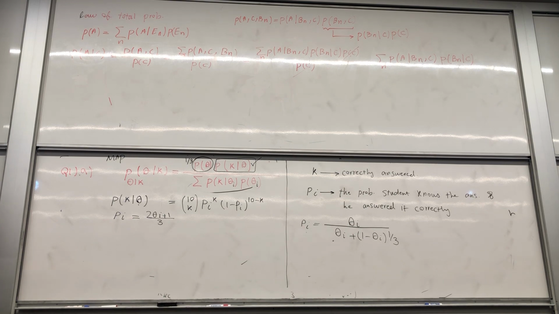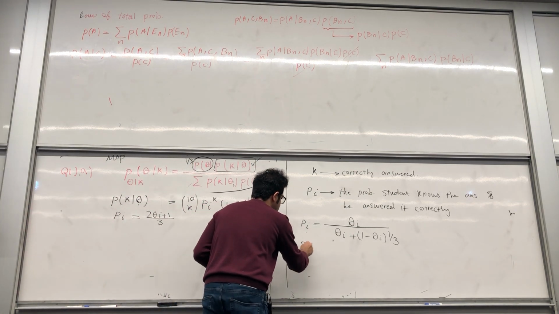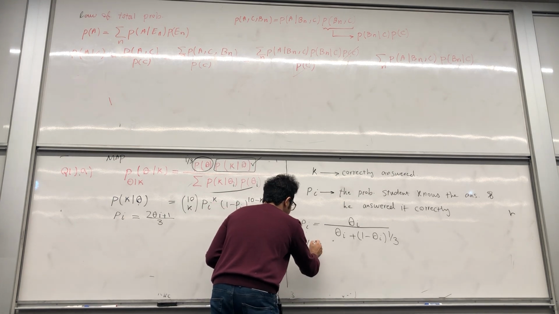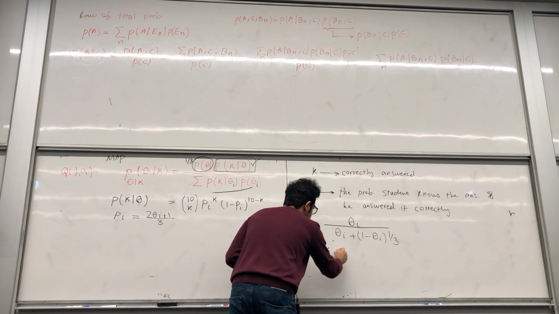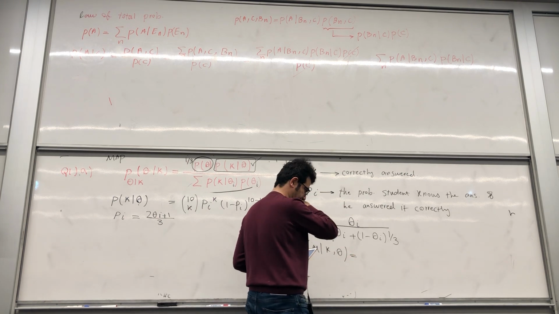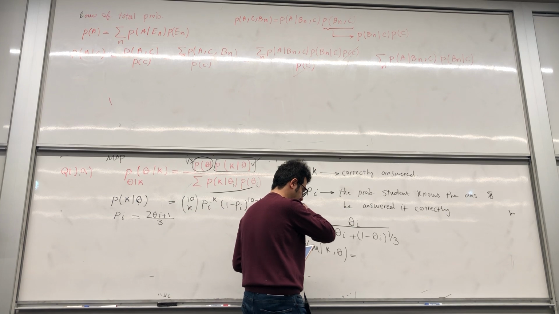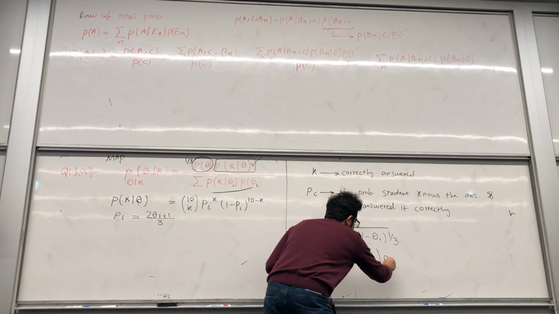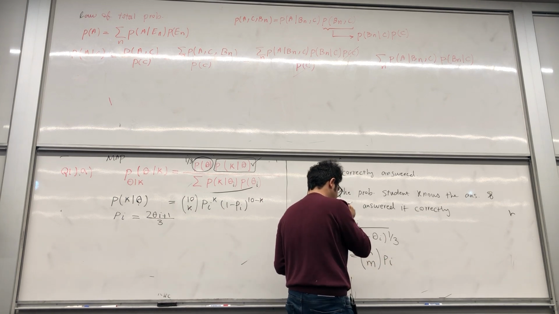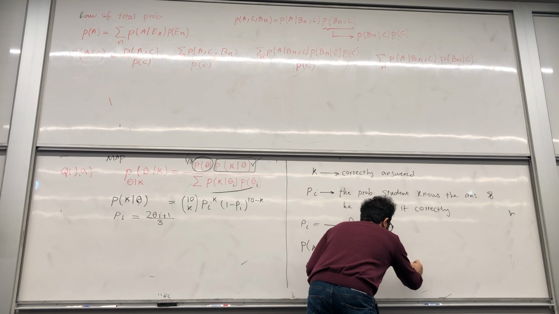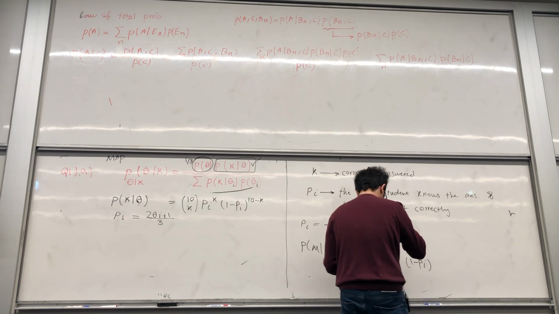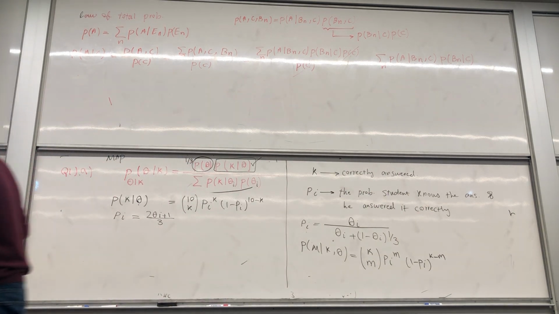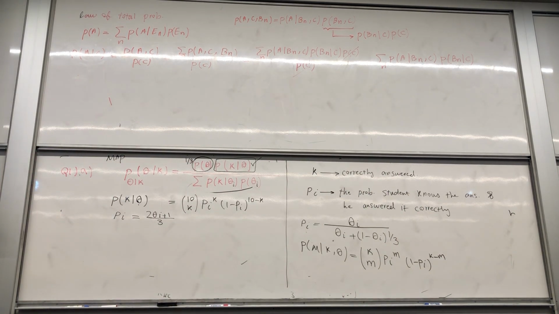So the probability of M conditioned on K and theta is a binomial distribution, M out of K, with parameter pi.